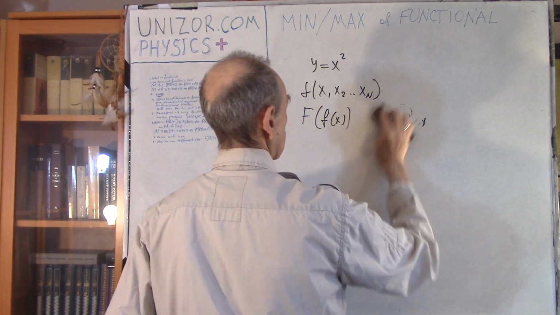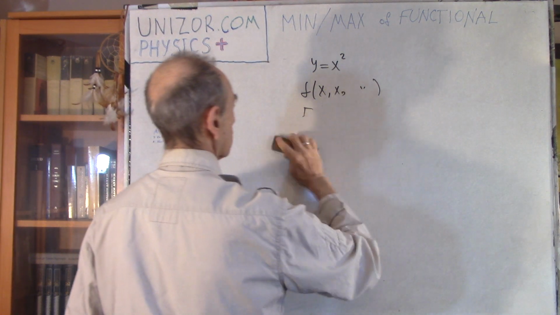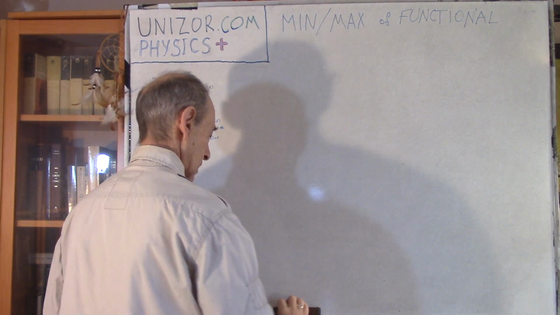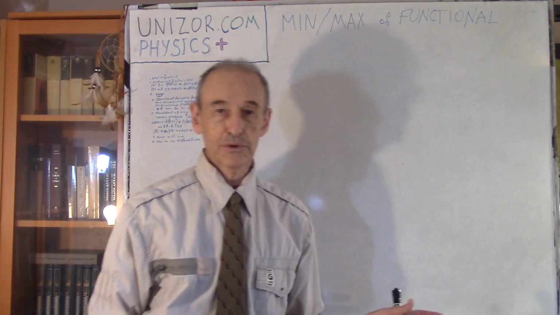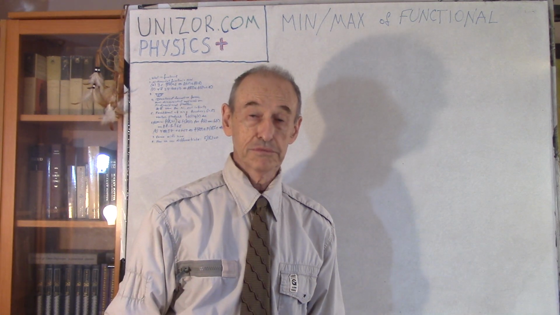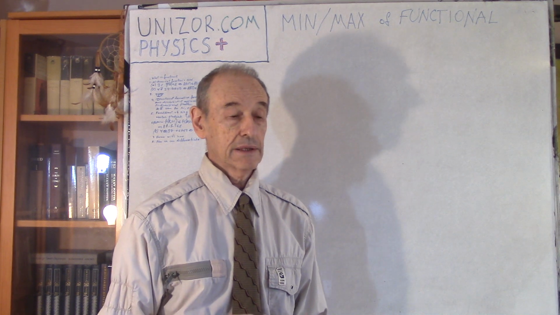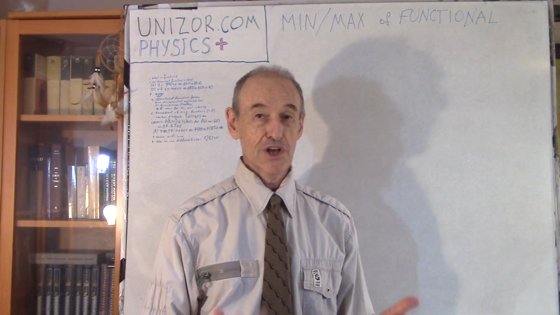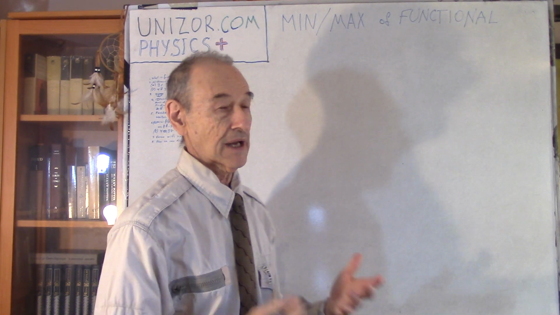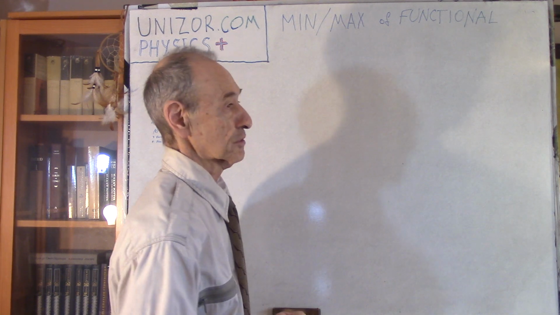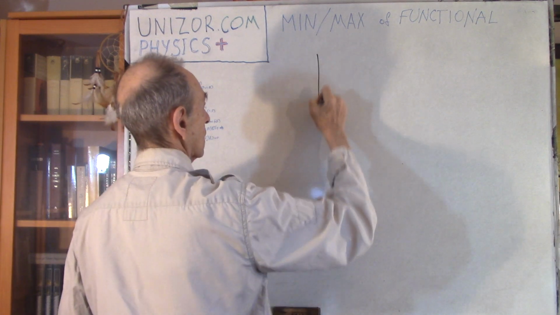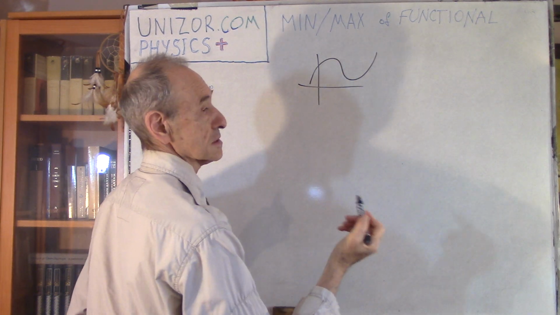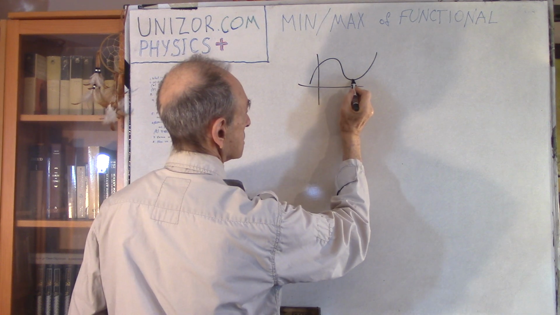Okay. Now we have to approach the problem of how to define minimum and maximum. Obviously, all of you know what minimum and maximum of a function is, and at least for me, it's always associated with geometry, a geometrical interpretation of function. If the function is given as a graph, then there is a concept of local minimum, which is this one.